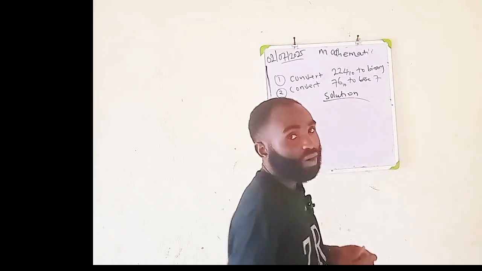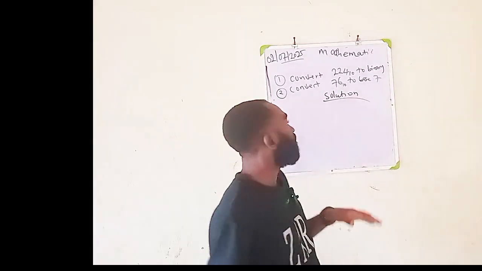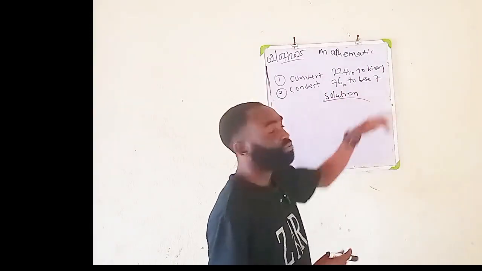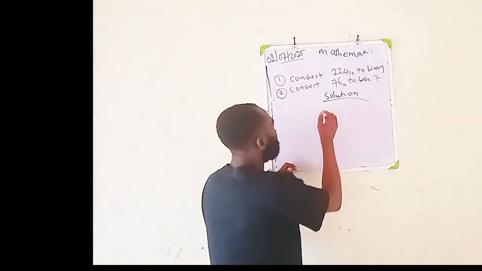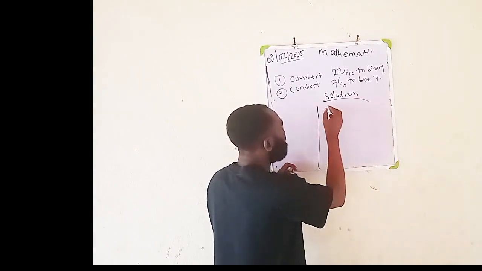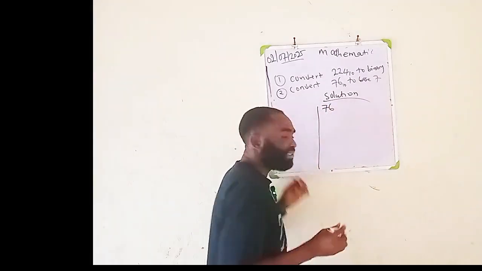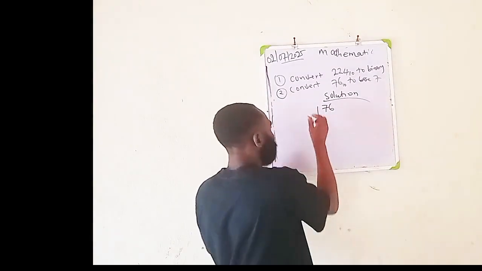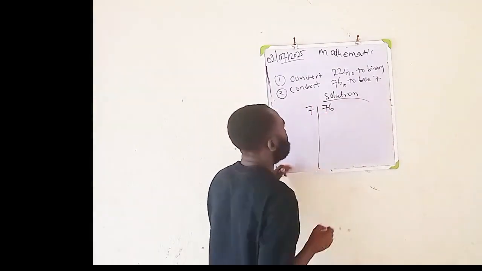So our question 2 now, we are converting 76 base 10 to base 7. The same thing, you draw a table, you write the base 10 number which you want to convert. You write the base at the left hand side, which is 7.